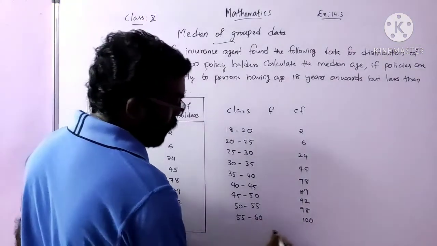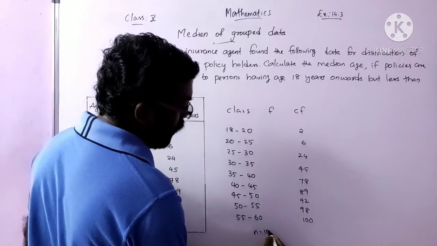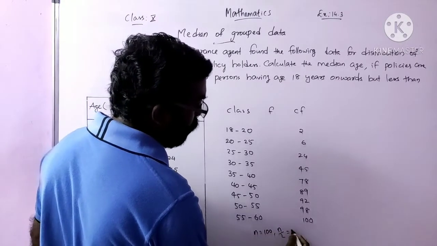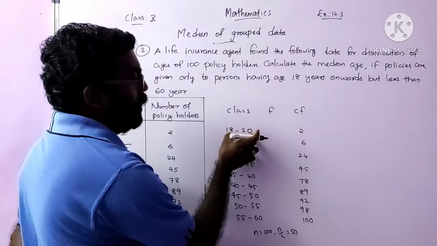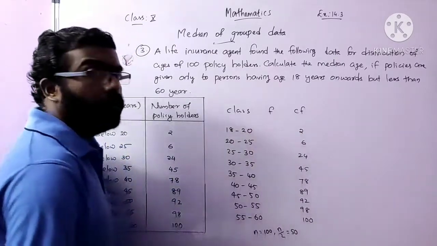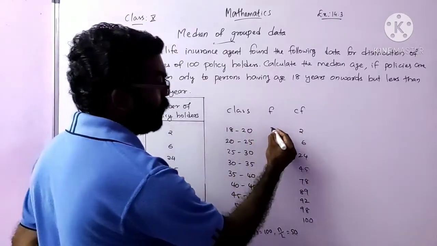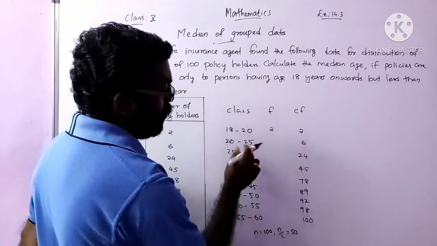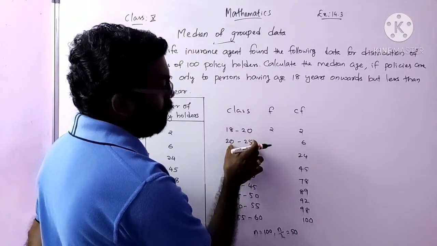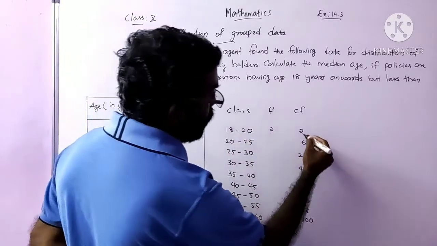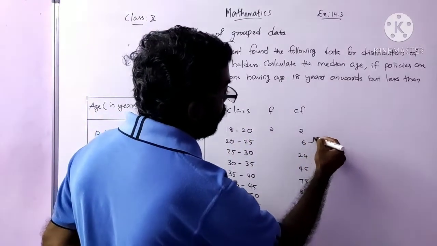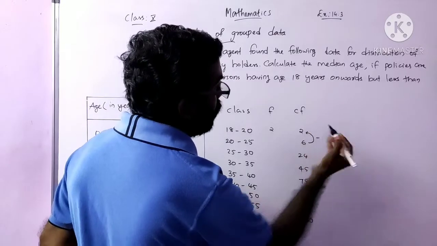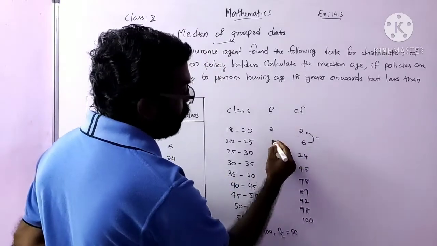100 is the total number of observations, so n is equal to 100 and n by 2 is equal to 50. 18 to 20, cumulative frequency 2, so frequency also 2. Then 20 to 25, we can write the frequency by subtracting 2 from 6. Okay, 6 minus 2, 4.